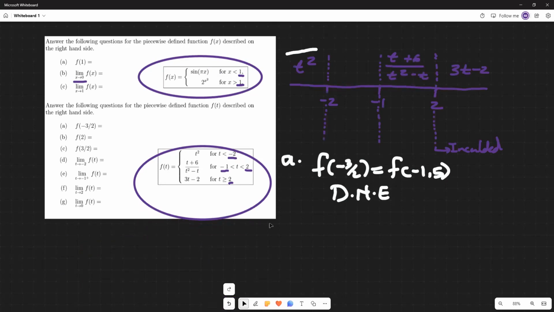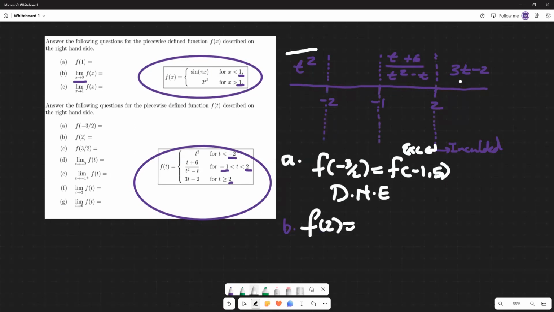Okay. Now we can proceed. Let's check B. I need f at 2. Remember 2 is included this side, but excluded that side. So let's show that this one is excluded, the 2. So we're looking at f at 2.